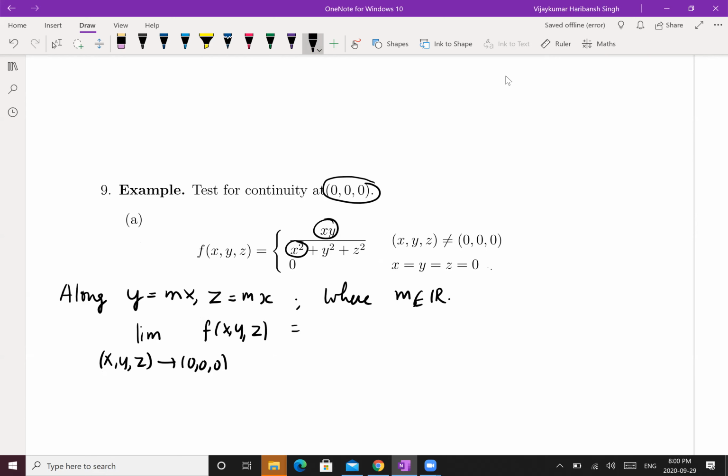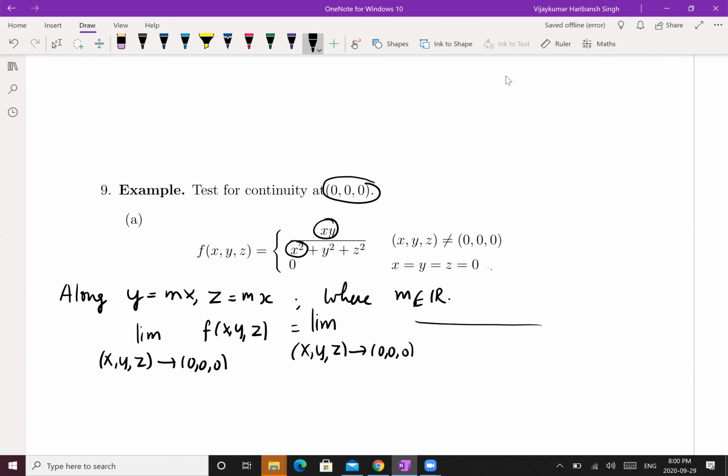Now I can replace this limit by just writing x goes to 0. It makes sense: if you're going along this path, then you can directly write x goes to 0 or (x, y, z) goes to (0, 0, 0).